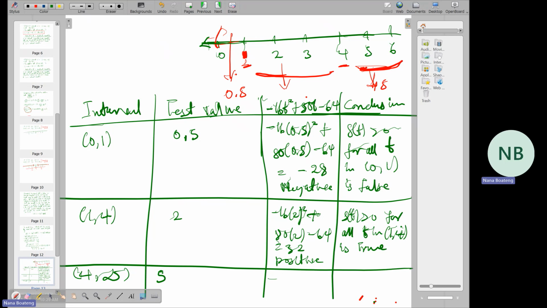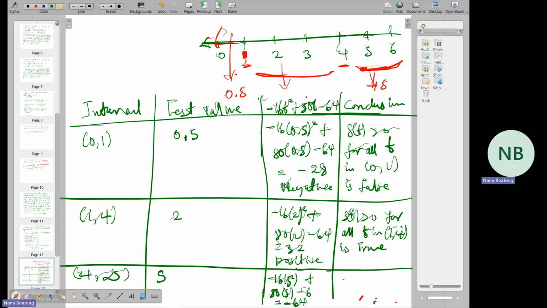So we have minus 16 times 5 squared plus 80 times 5 minus 64, and this equals negative 64, which is negative.